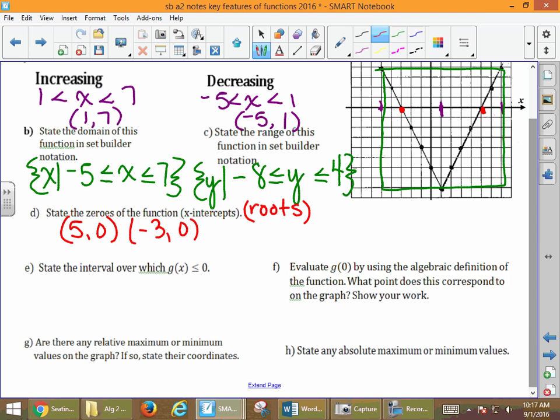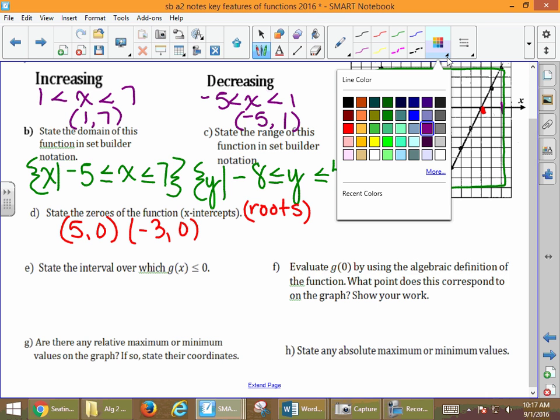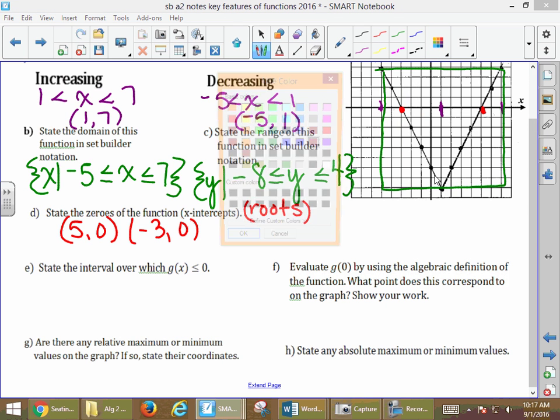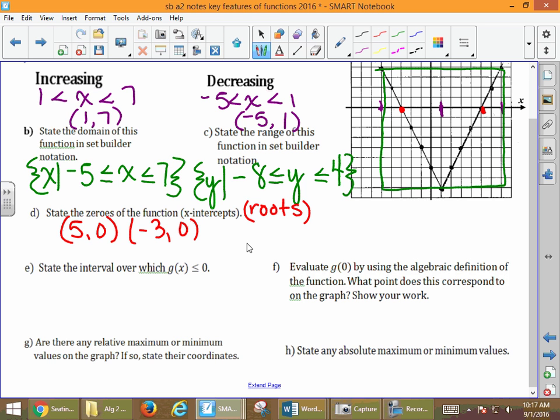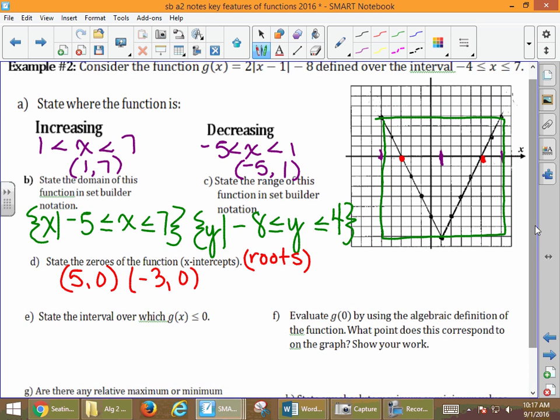Letter E. State the interval over which g of x is less than or equal to 0. So we're going to visually draw something in like we did yesterday. g is less than or equal to 0 is here.